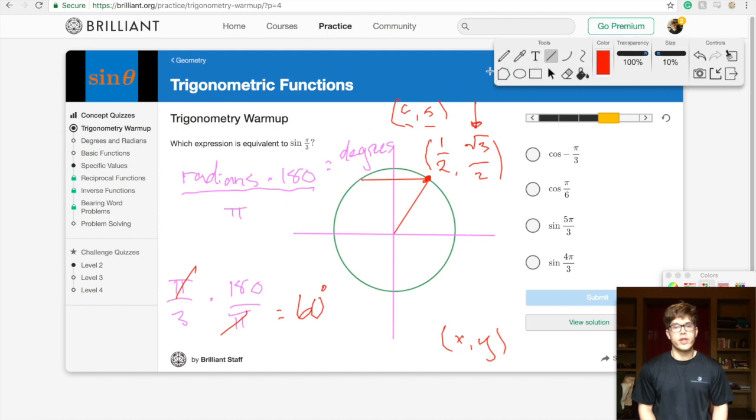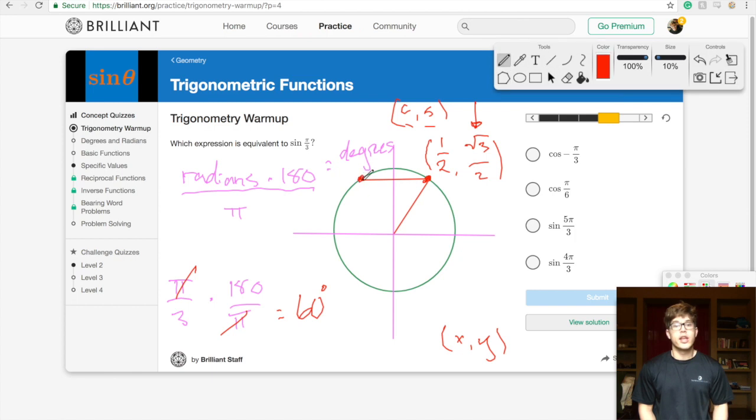Whatever this value is, the sine of this value is also going to be root 3 over 2. I'm looking at my answer choices, and I see a 5 pi over 3, and I see a 4 pi over 3. What we are looking at right now is just simply pi over 3.